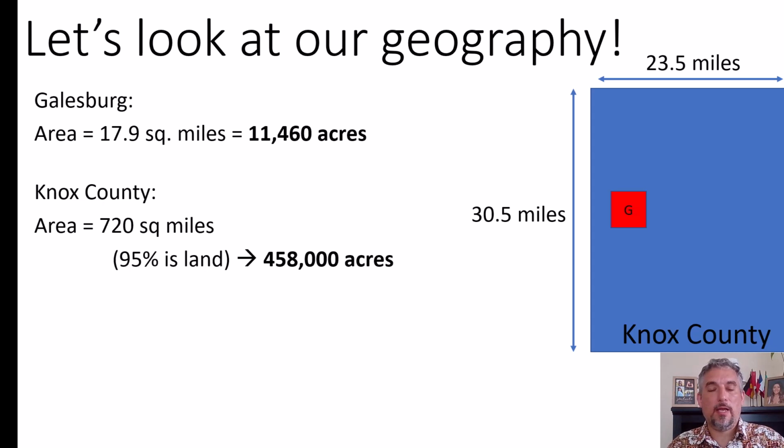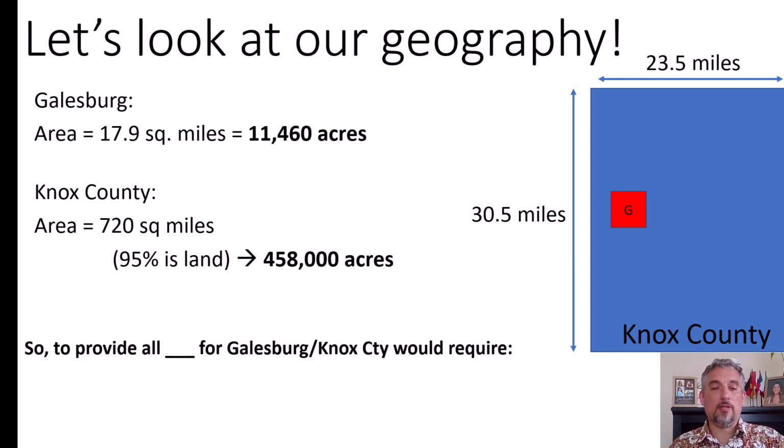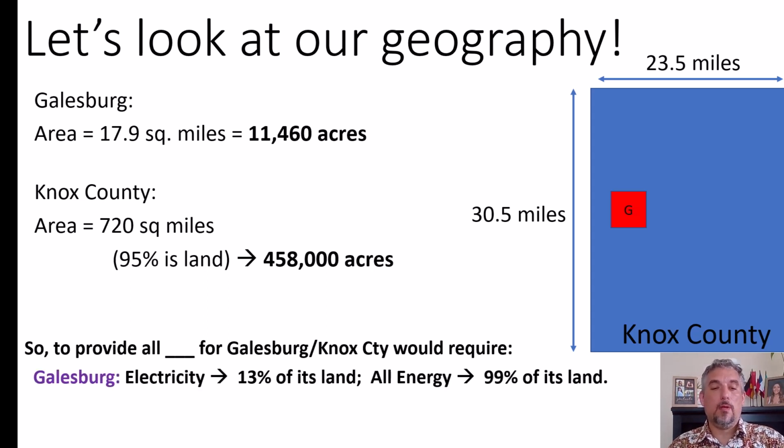and we're going to just put panels on land at this point. That's 458,000 acres. So that's the size of the municipality or the county that we're dealing with. To provide all the energy or electricity for Knox County or Galesburg, it would require what?